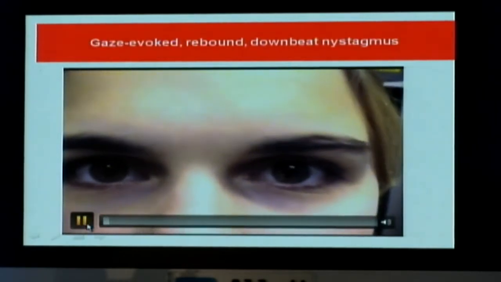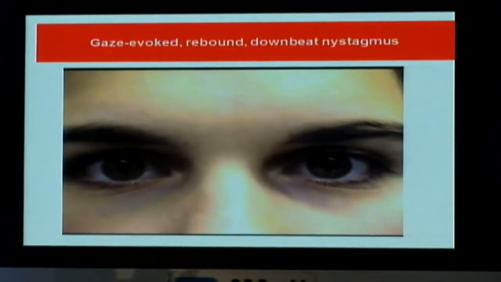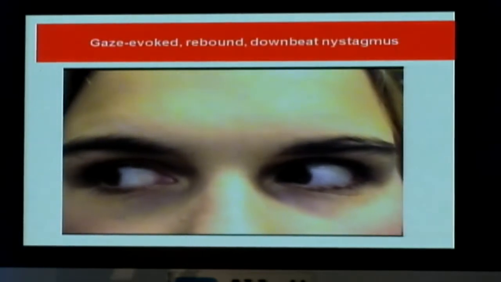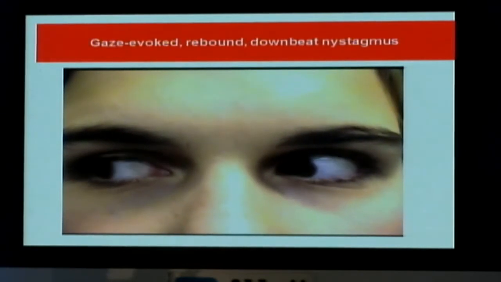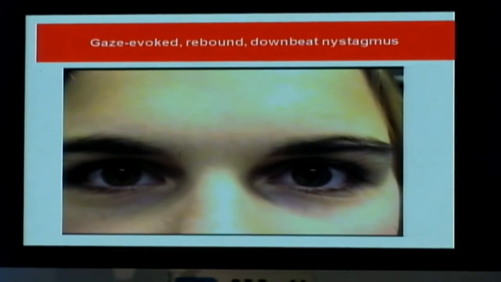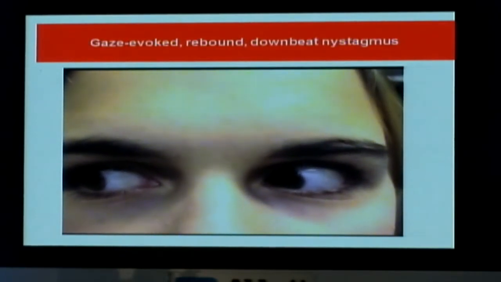Just look straight ahead. You're doing great. Look to the right. Look at my finger. Look at the camera. Look at the finger. So there's a little gaze-evoked nystagmus with a slight downbeat component.